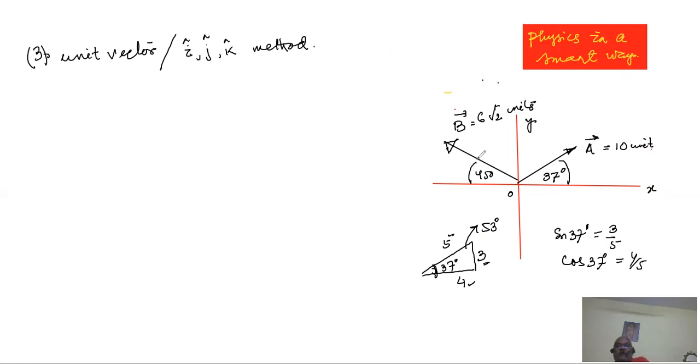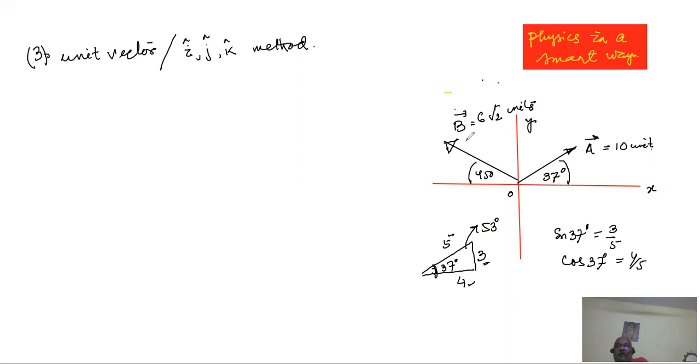This angle is 45 degrees, the angle that vector B makes. You know sine 45 and cos 45 both have the value 1 by root 2. To make our calculation convenient, the vector value is also a multiple of root 2. So vector A has a magnitude of 10 units, lies in the positive xy space, directed like this.